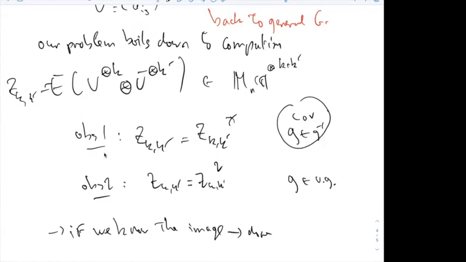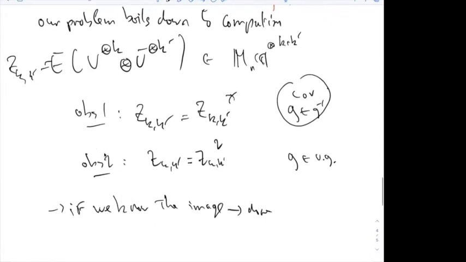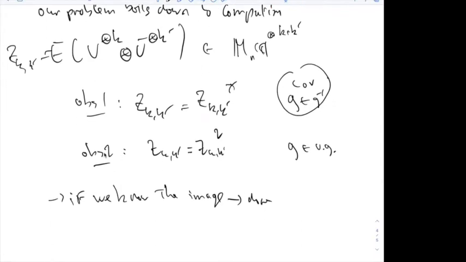If I want to write an orthogonal projection, it's enough to know its image. So a simple observation, which is observation 3, is that actually the fixed points.